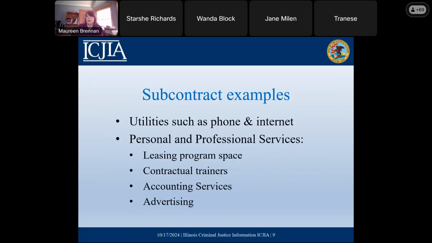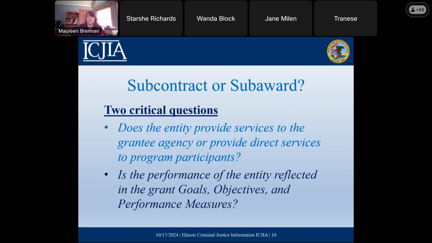So good examples are your utilities or professional services like your contractual trainers or your accountants or advertising that you do. Those are not a part of the program. They just support you in implementing that program. So when we're deciding if it's a subaward or a subcontract, there are two critical questions that we ask.